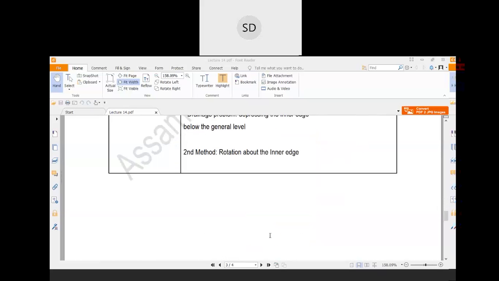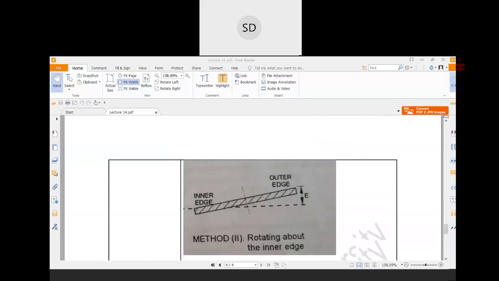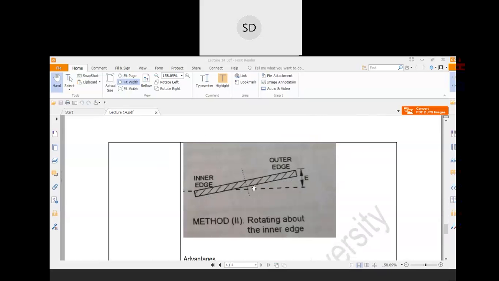Another method is rotation about the inner edge. In such cases, one disadvantage is that the central line of the road is changed from the initial position.